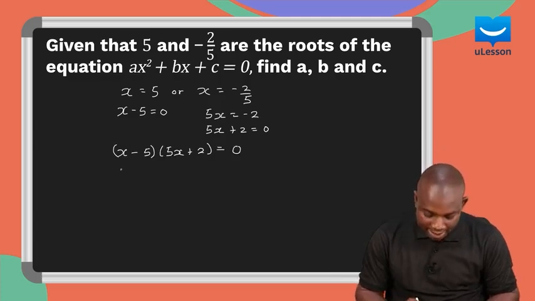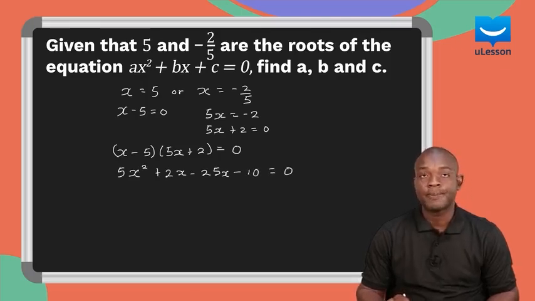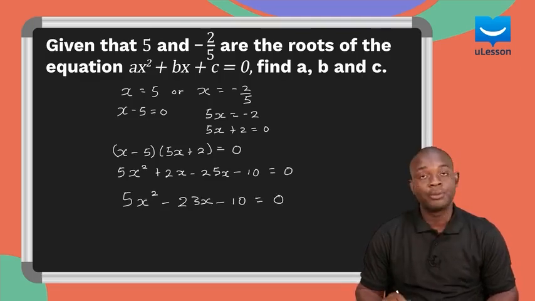So opening the brackets, we have 5x squared plus 2x minus 25x minus 10 equal to 0. And collecting like terms, we have 5x squared minus 23x minus 10 equal to 0.